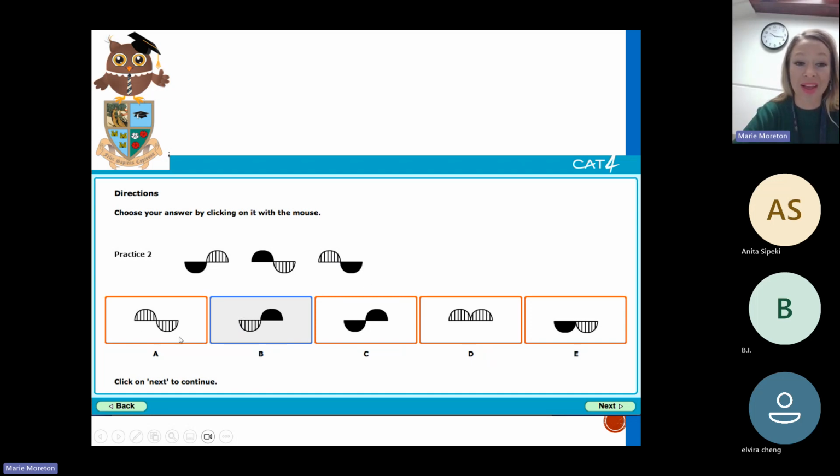Like this one, for example, there's no black semicircle. This one, there's no stripy semicircle. This one, they're not facing opposite ways. So it's this one. This is the kind of logic that the children should be going through. This is a practice question that enables them to look at this, and actually the teachers are allowed to discuss the practice questions and why this was the correct answer as well.